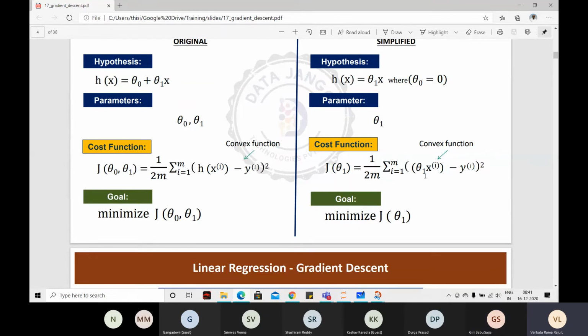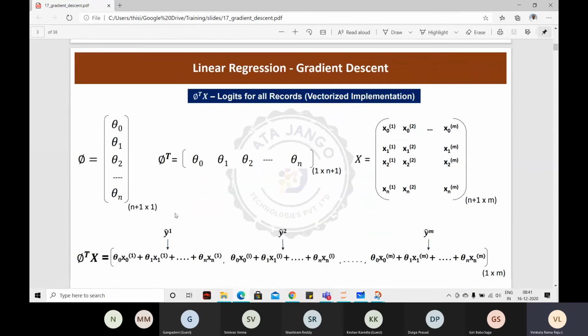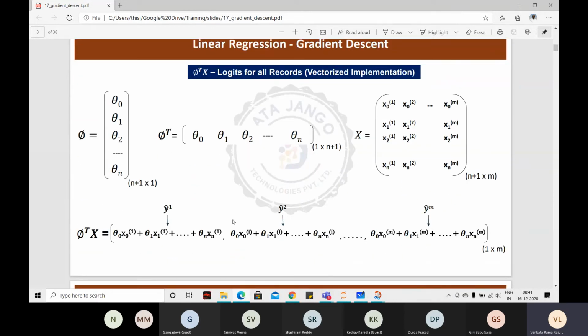For all the rows, from i equal to 1 to m, you have all theta transpose x's and all y's. You subtract, square, and sum them up. That is the error for one theta. For n thetas also, it's the same formula, as I showed you.